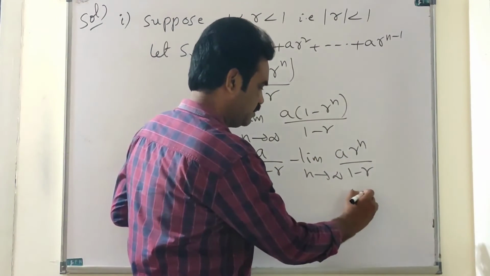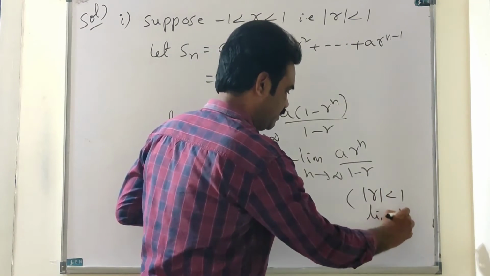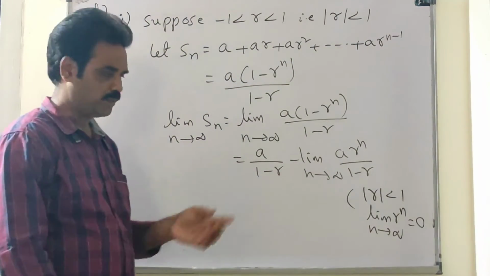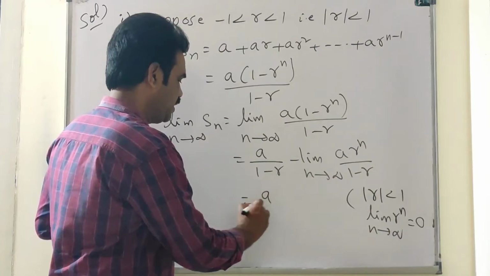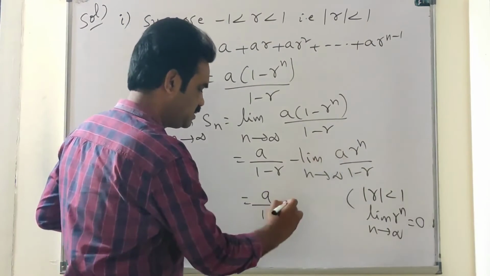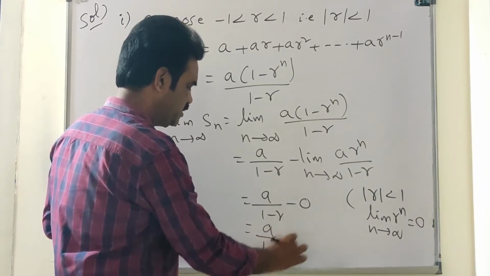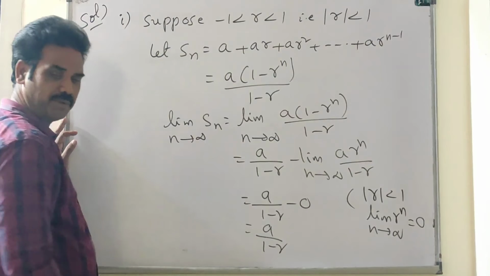Since mod r less than 1, limit r power n as n tends to infinity is 0. That's why this becomes a by 1 minus r minus 0, which is equal to a by 1 minus r. That means limit Sn is a by 1 minus r.